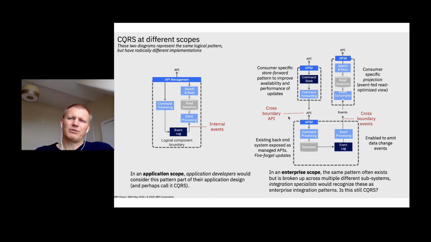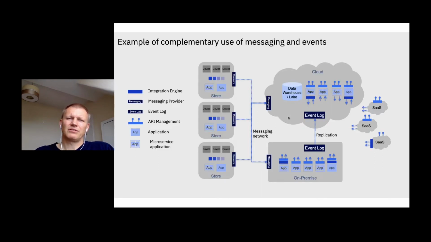And I've got an example of this that we can talk to that's typical of retail customers that I've spoken to, where we see messaging as something that is traditional messaging, like MQ, as perhaps something that's in some cases more suited to being the type of asynchronous communication you might want in the stores, and then using perhaps the event log to enable you to transmit events around the multi-cloud architecture that you have deeper in the organization.